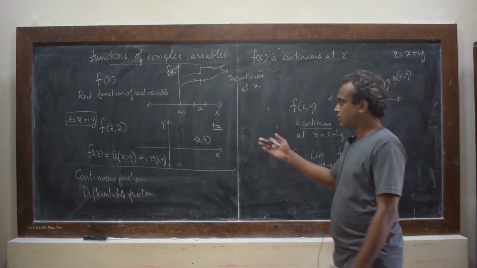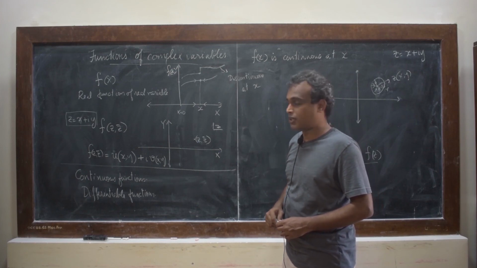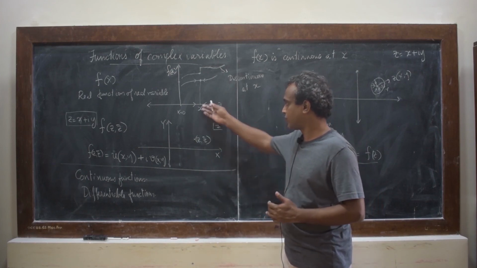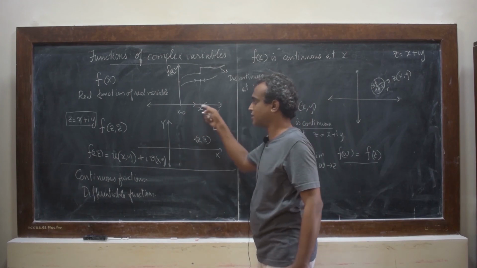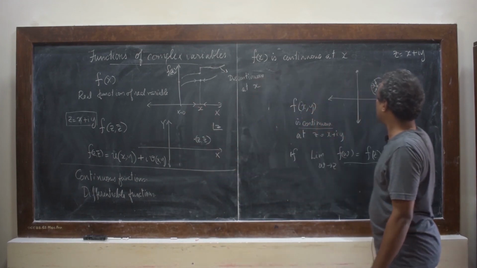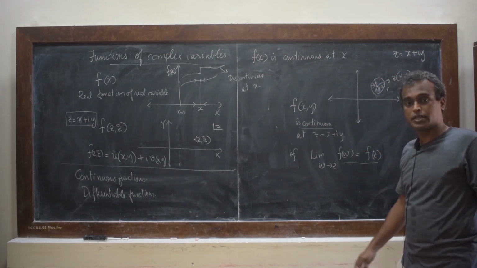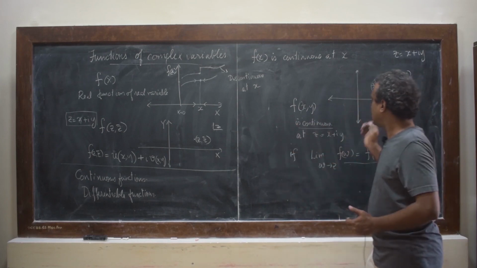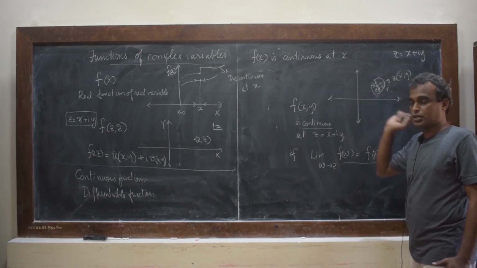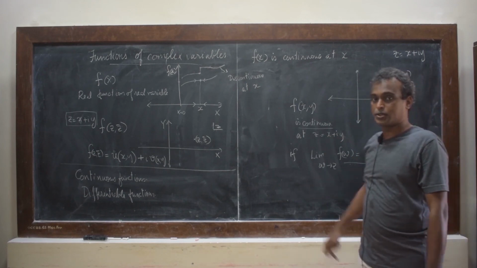Note that the only difference from the case of a real function of a real variable is that for a real variable there were only two directions to approach a particular point, but for a complex variable there are infinite directions to approach a certain point. So, when you generalize the idea of continuity, all you have to do is to ensure that irrespective of which direction you approach that point, the function should get the same value.